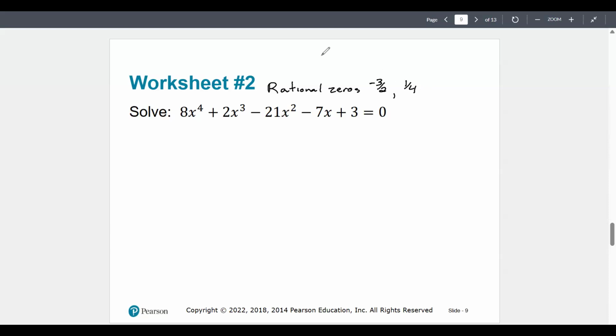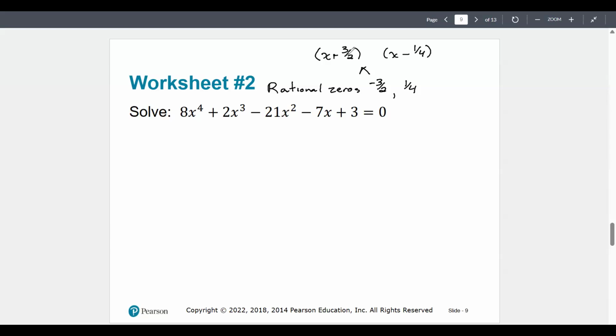So what we have here is factors that look like this. Okay, so we'll work our way through this one.